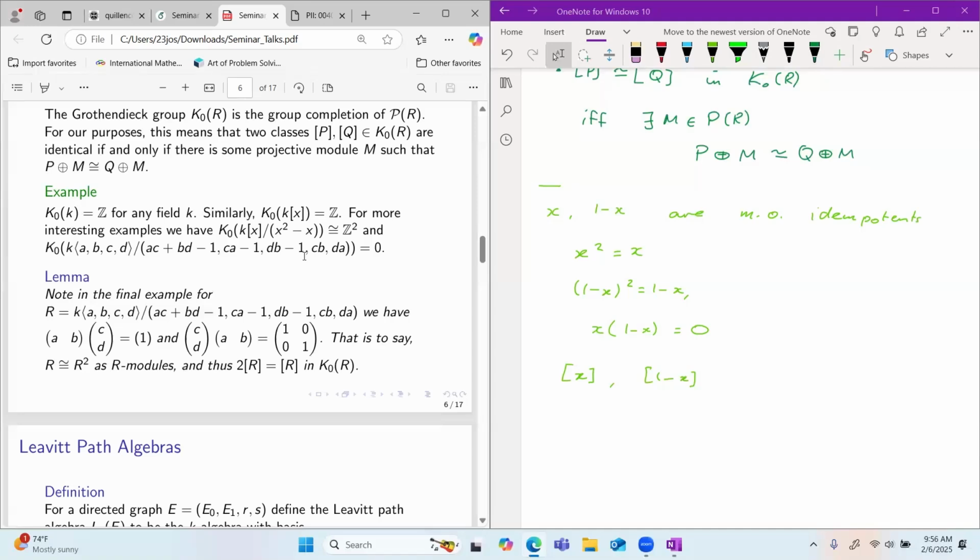I'll talk a little bit about the invariant basis number, or the IBN.